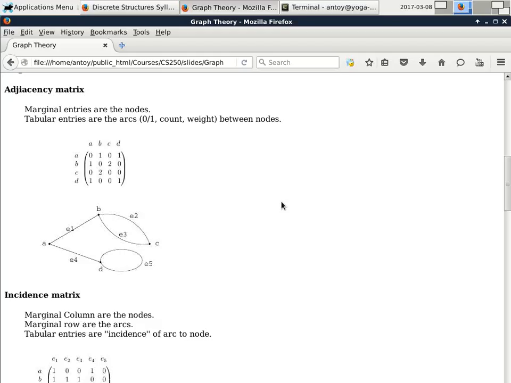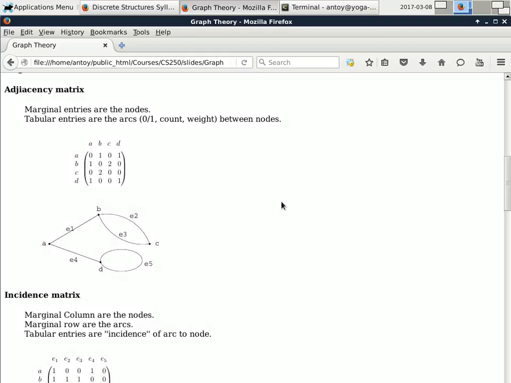Yes? So what is the 2? Say it again. What does the 2 mean? 2 means that there are two edges between the very same nodes. Like in this case, from B to C, there is an edge E2 and an edge E3. So that only makes sense if it's weighted? No, it only makes sense if it is a multi-graph. In a multi-graph, you can have many edges between two nodes.